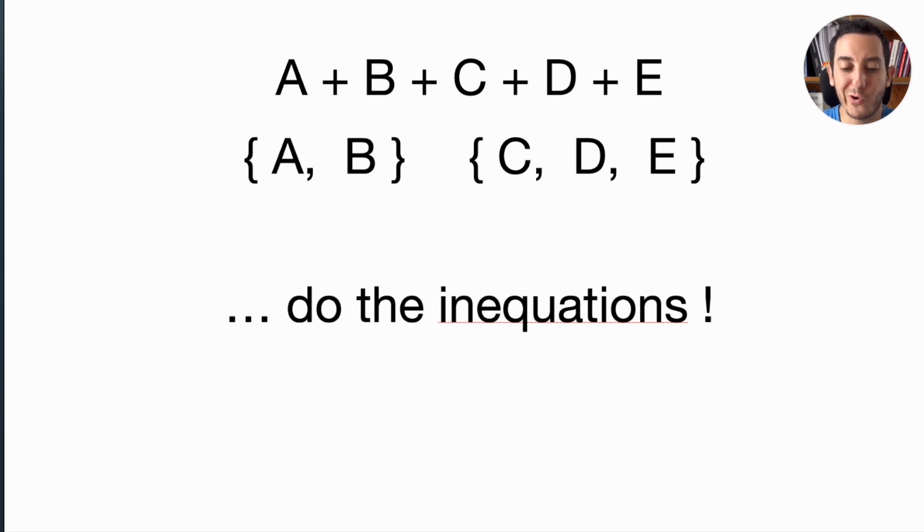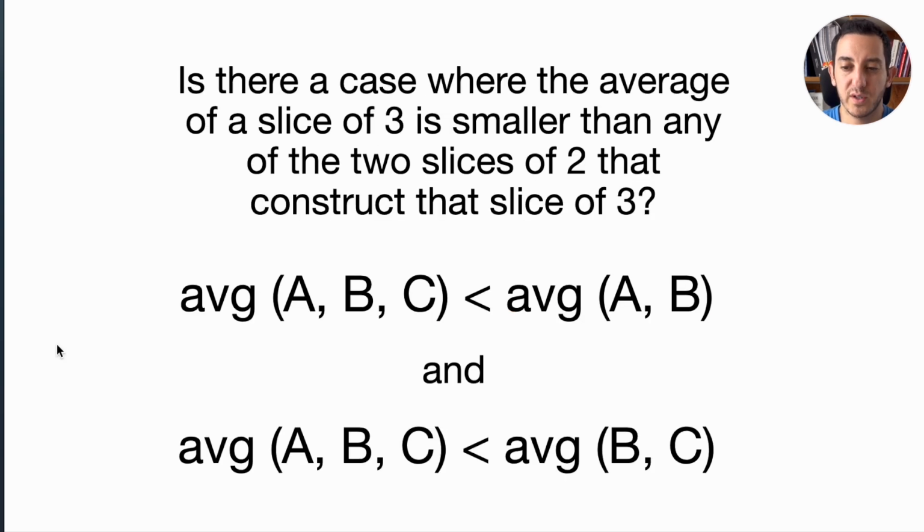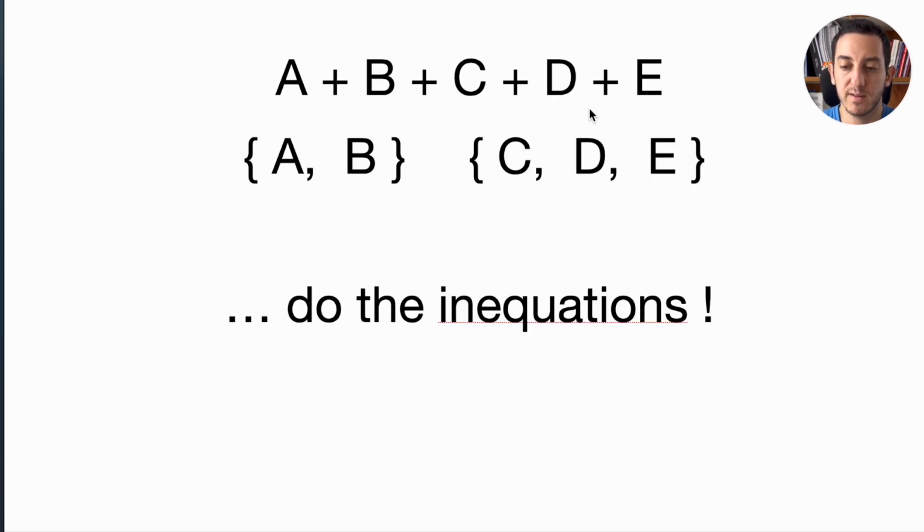But if you're curious like me, you'll have this question: is there a case where the average of a slice of 3 is smaller than any of the 2 slices of 2 that construct that slice of 3? Because in the previous example we saw that we can build here an array of 3 elements, and I wanted to see if C, D has an average smaller than C, D, and E, or D and E has an average smaller than C, D, and E, to not have to check the subarrays that have 3 elements.